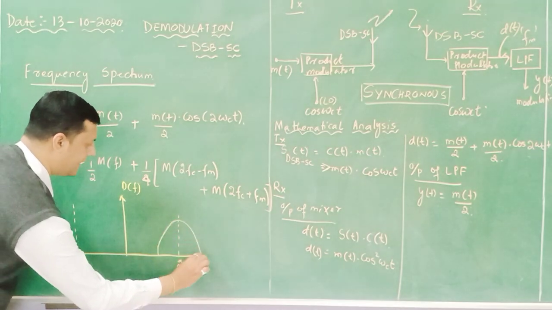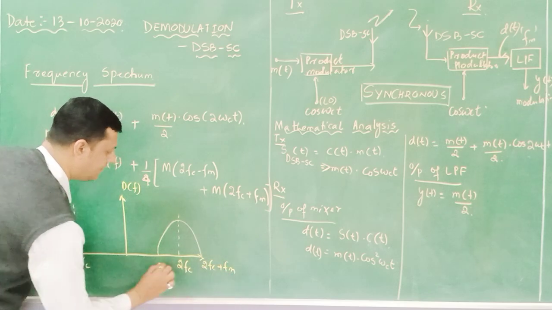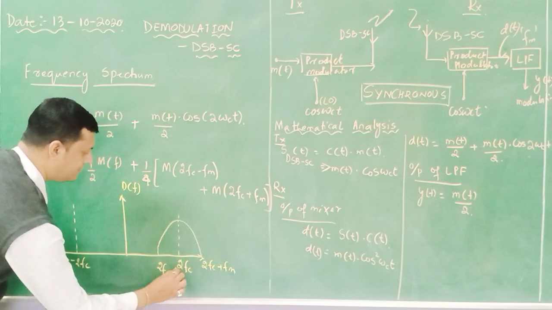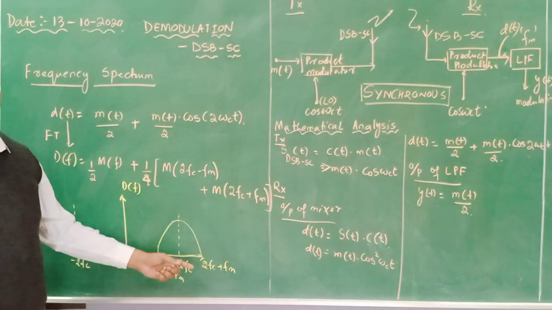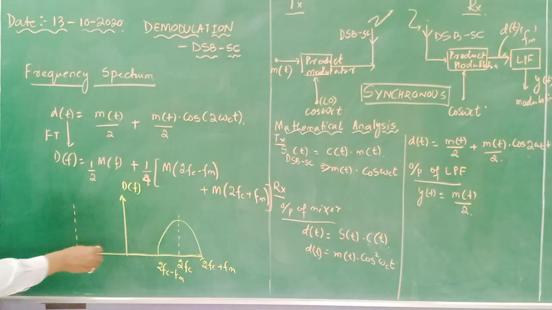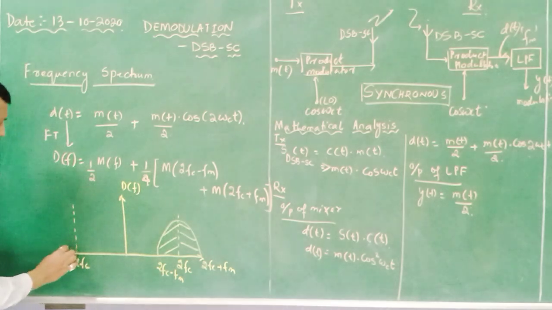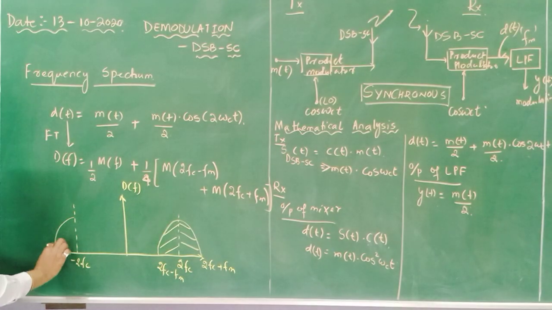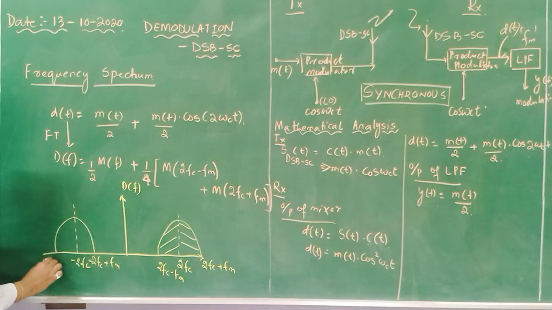This side is called 2fc plus fm, and this is called 2fc minus fm. Here I have represented it as a semicircle. You can represent it as spectral components also, no problem. It is the same thing. So this is the upper segment and this is the lower segment. Similarly, the reflection part I can also represent, 2fc plus fm, and here it is minus 2fc minus fm.